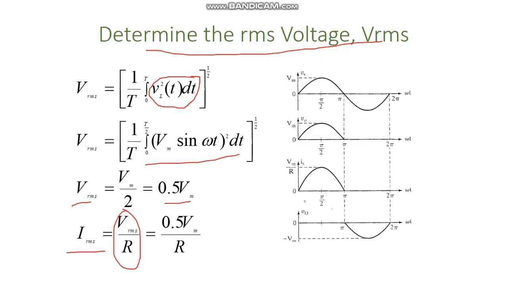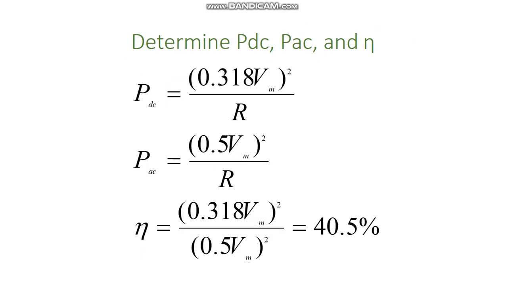Now we have calculated VRMS, IRMS, VDC and IDC in order to calculate the efficiency. We have discussed in the basic definitions that efficiency is the ratio of PDC to PAC.